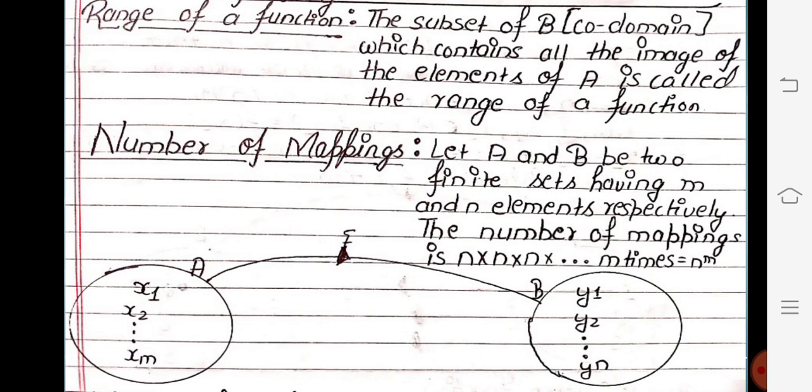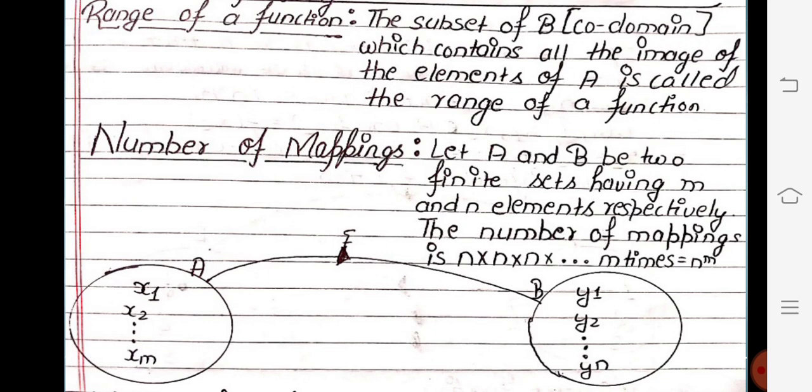Now the range of the function, very vital. The subset of B, that is the subset of codomain, which contains all the images of the elements of A is called the range of a function. Again I am repeating, the subset of B, that is codomain, which contains all the images of the elements of A is called the range of a function.